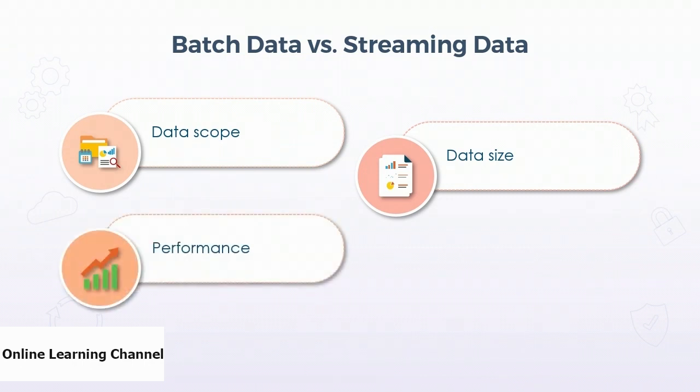The expected performance is also vastly different. Batch processing occurs out of band of data ingestion. Basically, it processes on historical data in a data store, not on live streaming data. Batch processes can commonly run for minutes, hours, or even days. They're often scheduled and not expected to complete real-time or even near real-time.